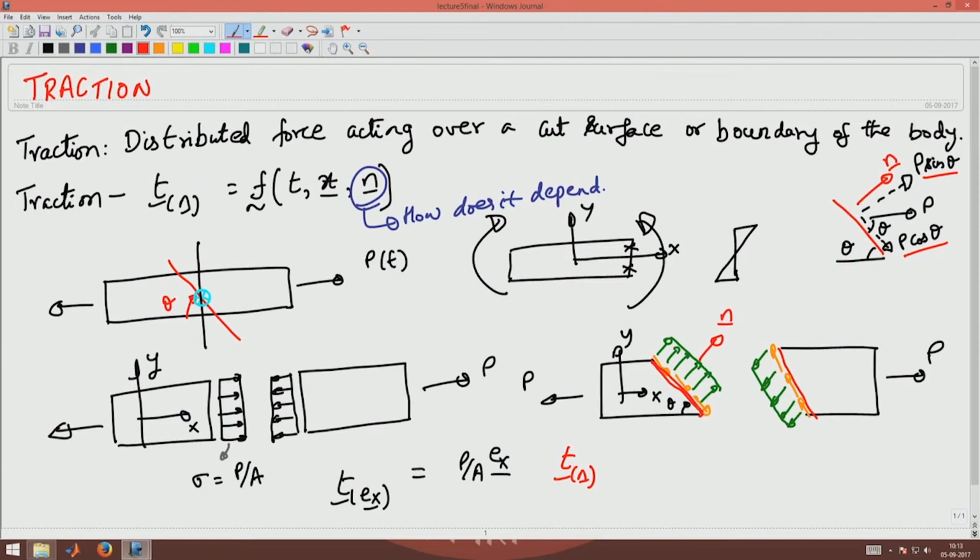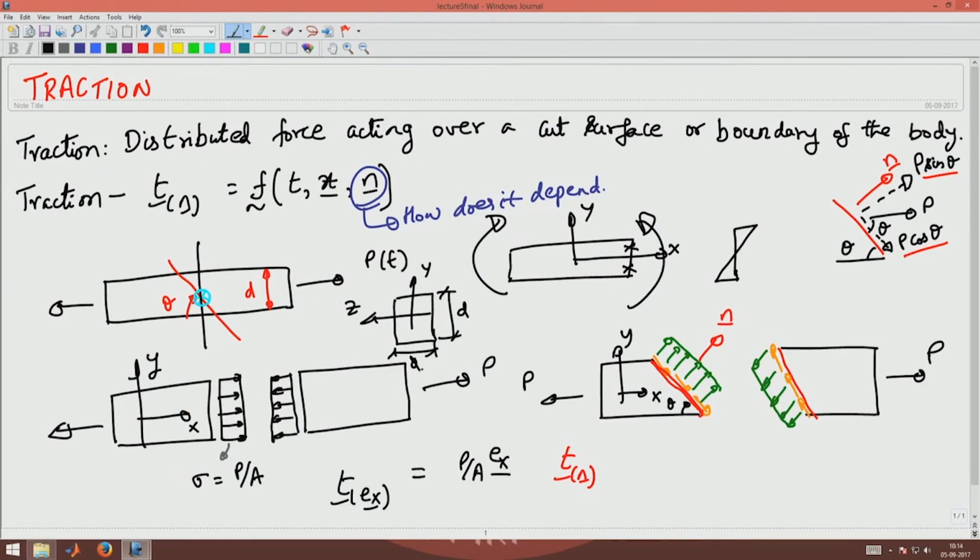Let me assume that the cross section is square, and this dimension is d, and in y and z this is d and this is also d.